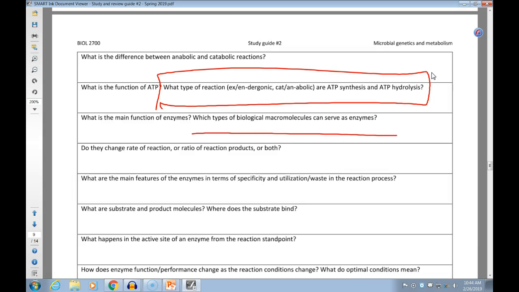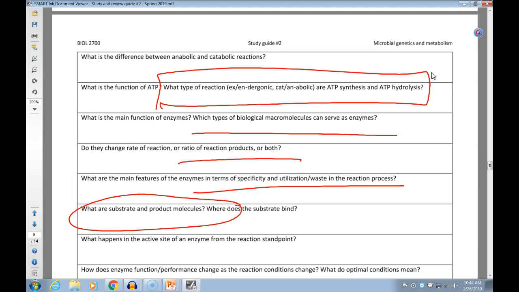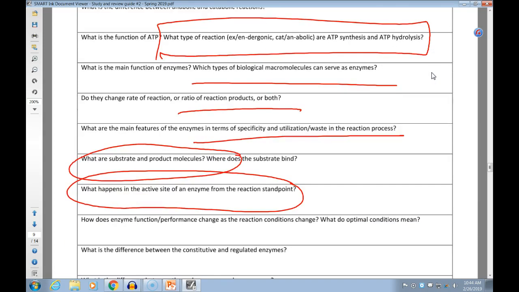Usually proteins, less often RNA. Know what the substrate and product are. Be comfortable with terms like the substrate binds to the active site, not the product. In the active site, activation energy decreases.